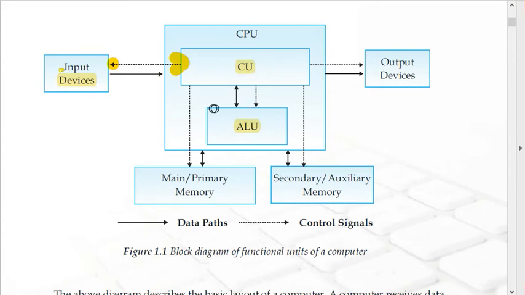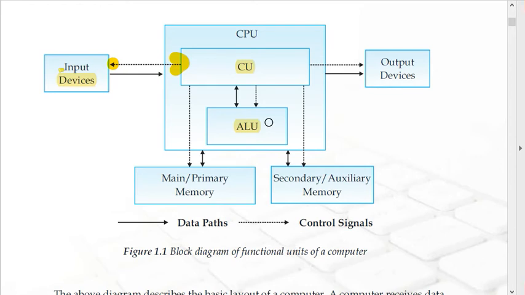Then we have the ALU, which is the arithmetic and logical unit. Now see, arithmetic means what? Arithmetic means plus, minus, division, multiplication. These four operations come under the arithmetic part. And when I say logical, it means comparison. If I say is 2 greater than 3, we will say no ma'am, 2 is smaller than 3.